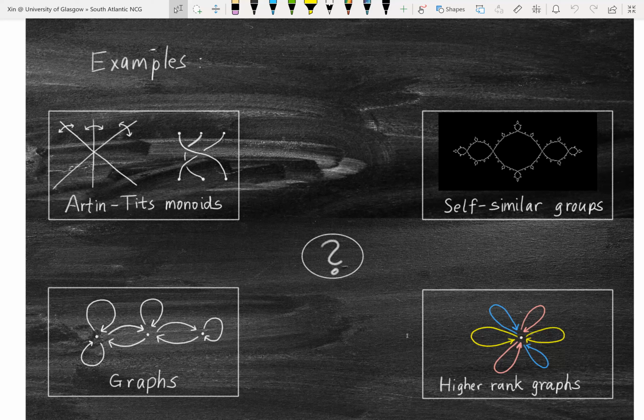But then also here we have examples which come more from dynamics. So these are so-called self-similar groups, which are certain groups of automorphisms of trees. And Nekrashevych studied these quite a lot and constructed C*-algebras.